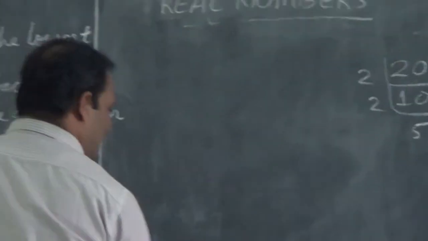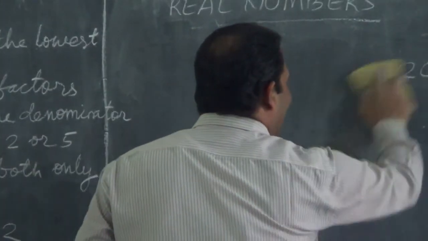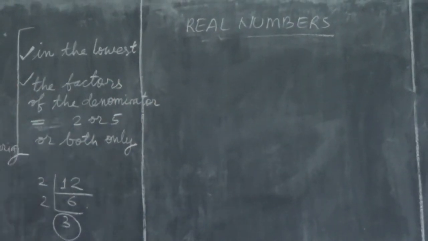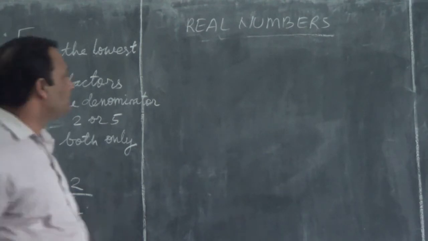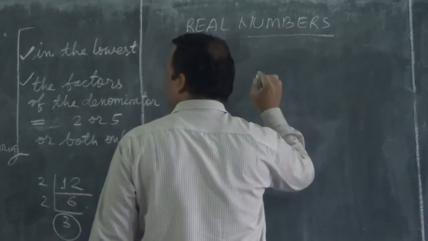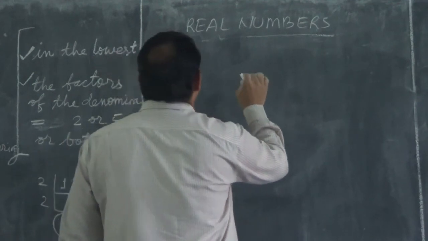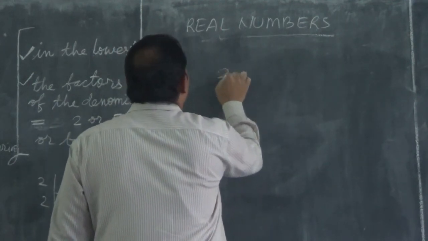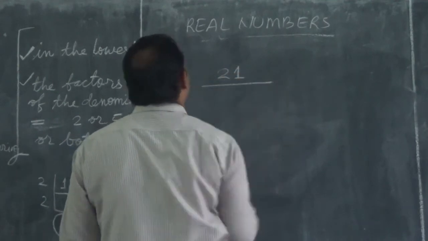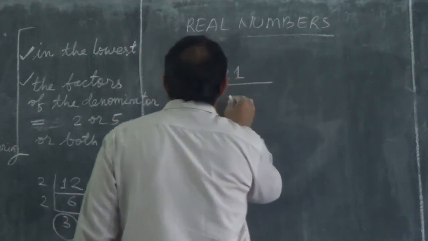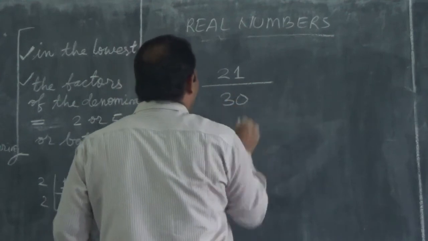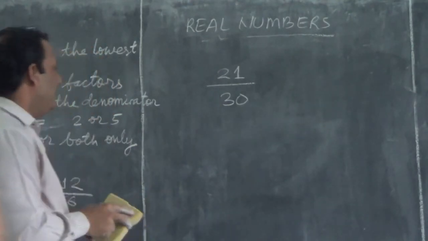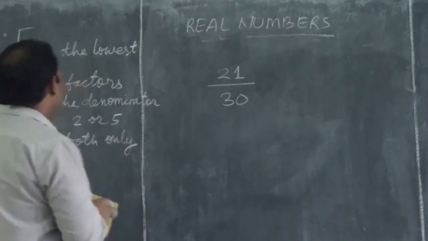One question you see, children, if you go by the second condition alone, sometimes things get confusing. I'll give you one example: 21 by 30.